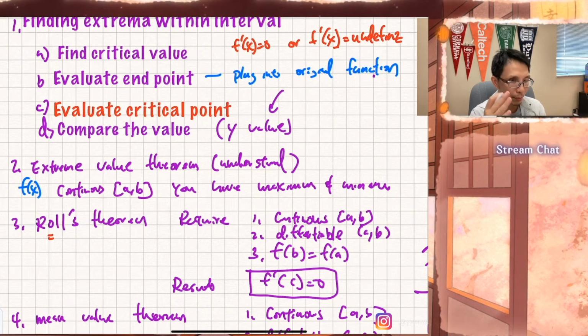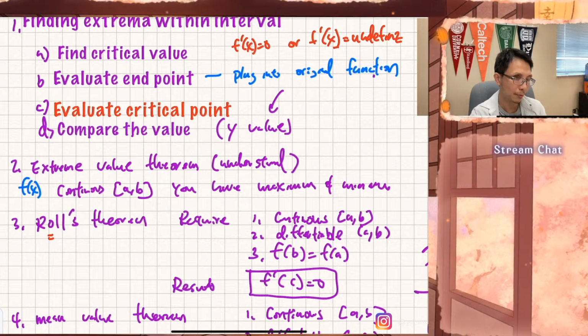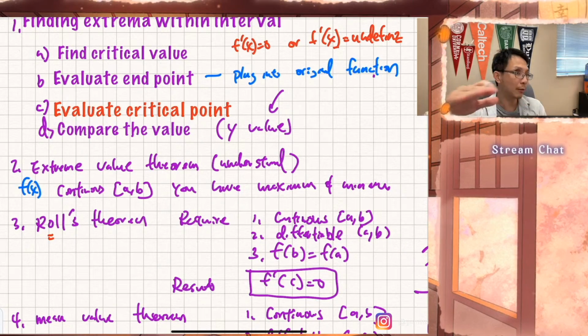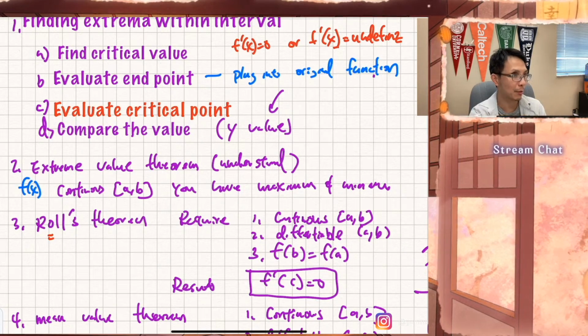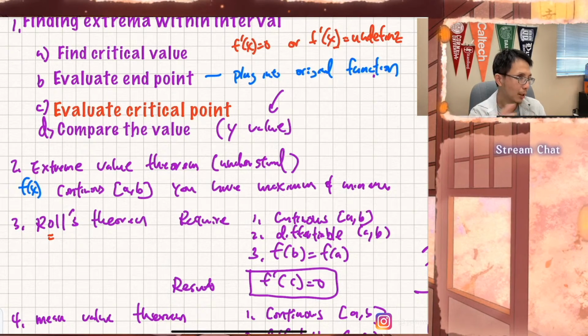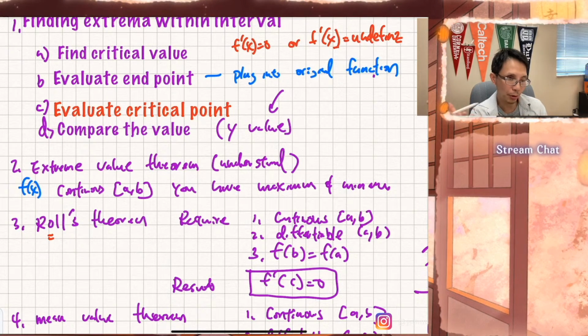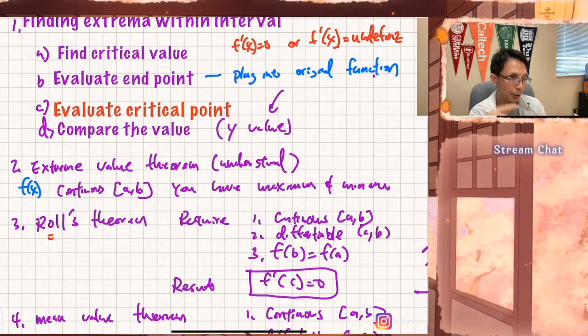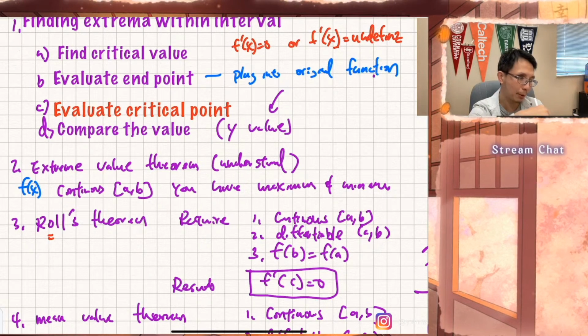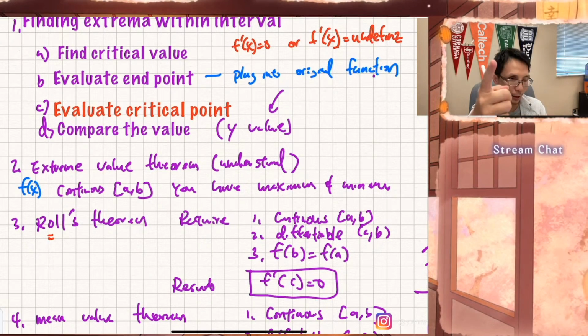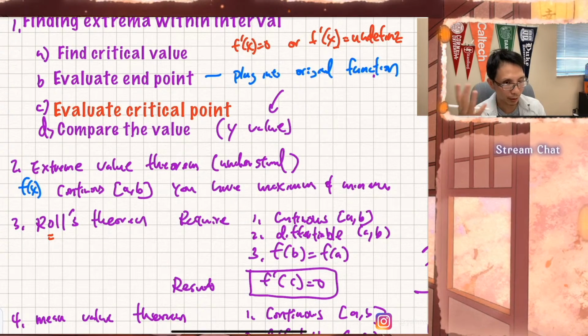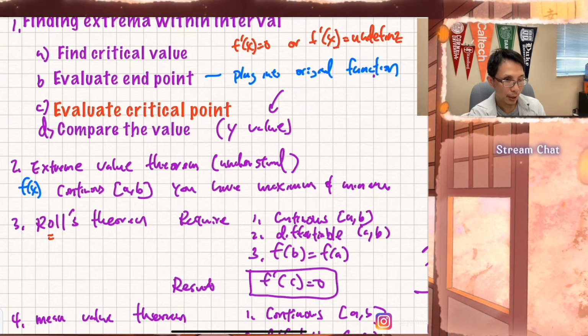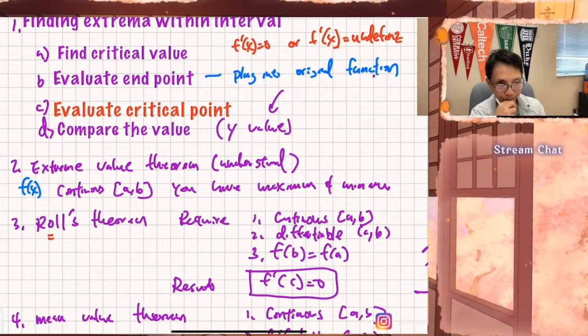It could be a horizontal line, where every value is a maximum and minimum at the same time. But you can also have a straight line where the left endpoint is your lowest value and the right endpoint is your highest value. So then you have an absolute max and min.